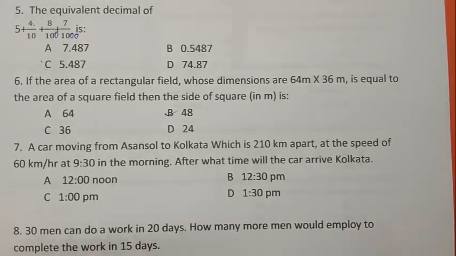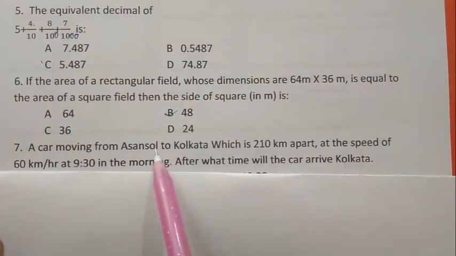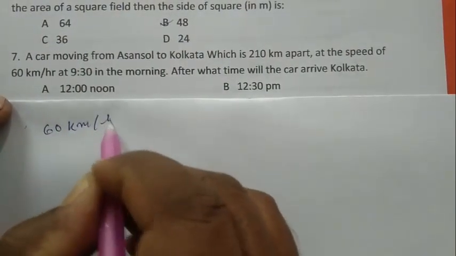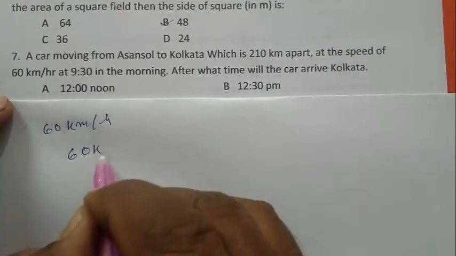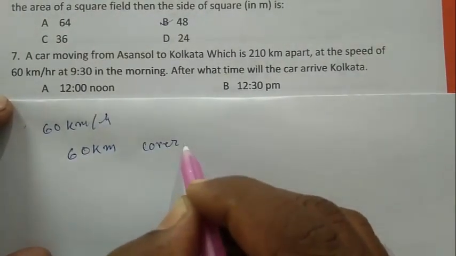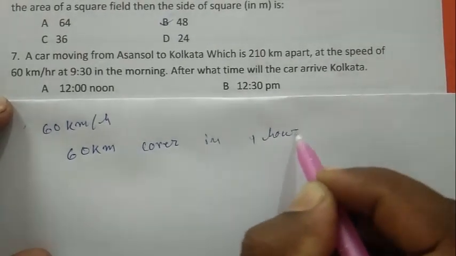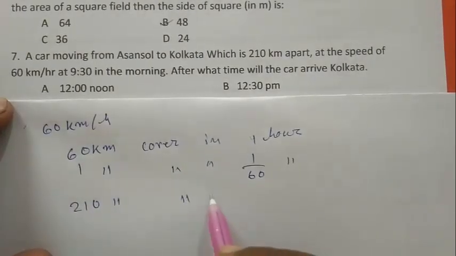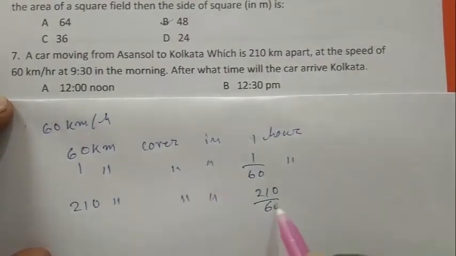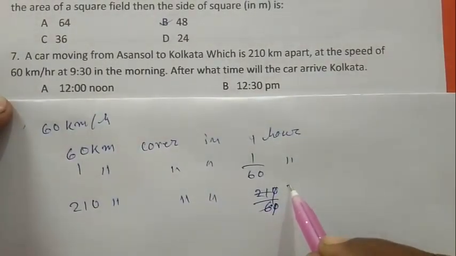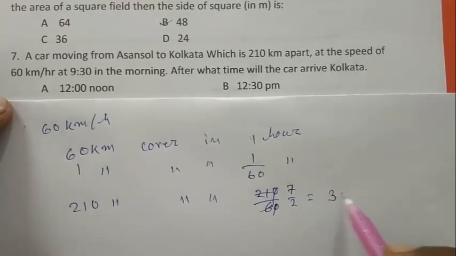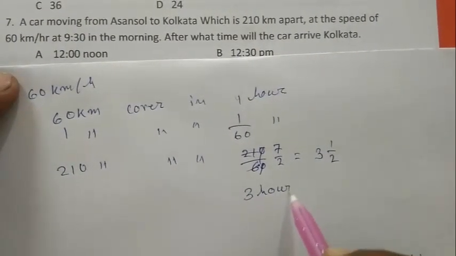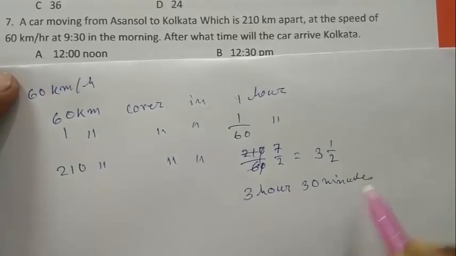First, we calculate it by the unitary method. 60 kilometer is covered in 1 hour, 1 kilometer is covered in 1 by 60 hour, 210 kilometer is covered in 3 hour 30 minutes.